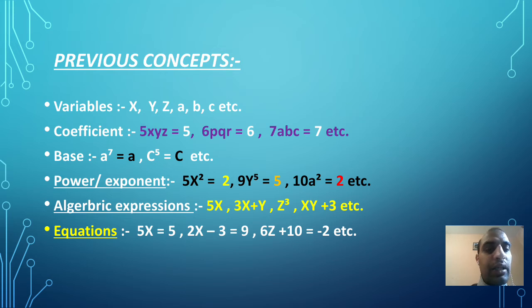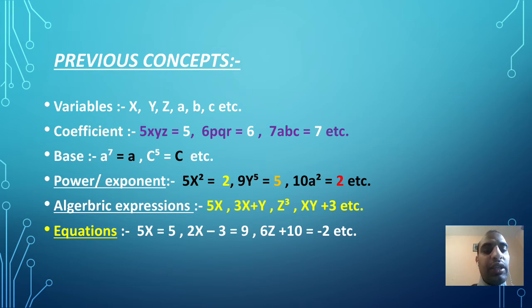First is a single term; in the second you can see two terms, one is 3x, second is y. Next is z cube, next is xy plus 3, etc. These are all algebraic expressions, and terms of algebraic expressions are separated by plus and minus signs.